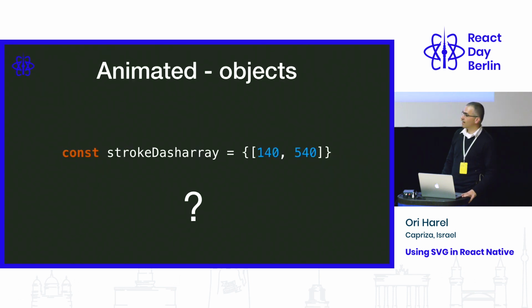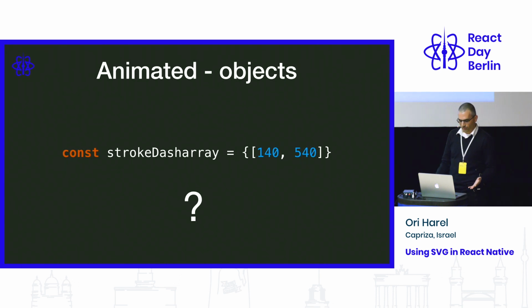Not only that, other SVG elements receive other types of properties, such as objects. The stroke dash array, for example. There are various stroke attributes. Stroke is usually what you use to draw borders around shapes and style the borders. One of them is stroke dash array, which tells you the interval between the strokes and the length of them.